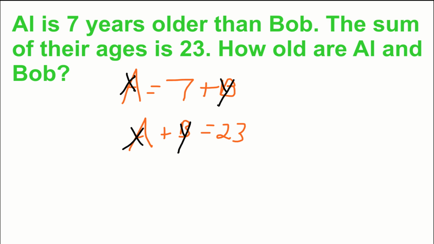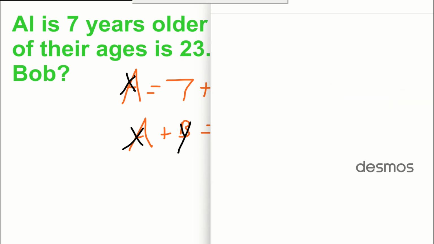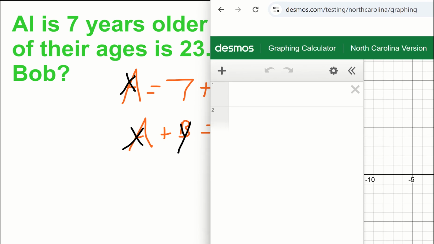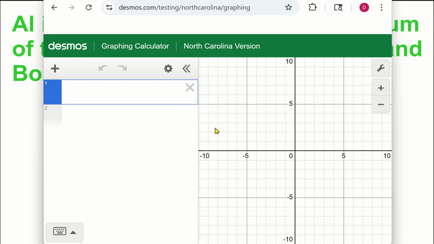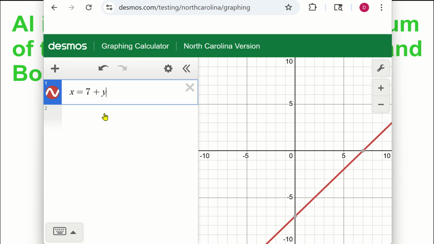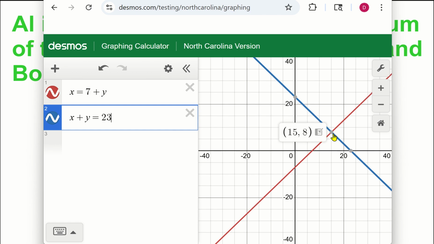So go to Desmos. And on Desmos, I've now got X equals 7 plus Y, and X plus Y equals 23. Got to zoom out a little bit.